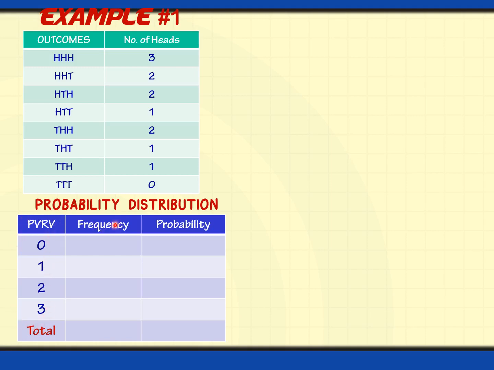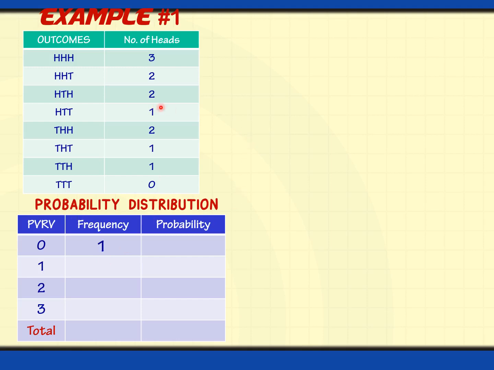Now, the frequency refers to the number of times 0 appears here or how many times 1 appears here. So, looking at this, 0 or there is no head, if you toss a coin thrice, it appears as 3 tails. So, the frequency of 0 is just 1.